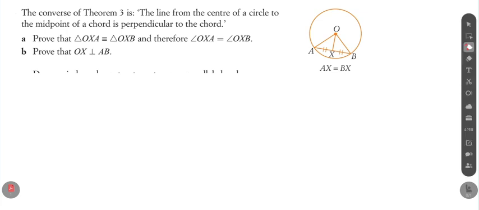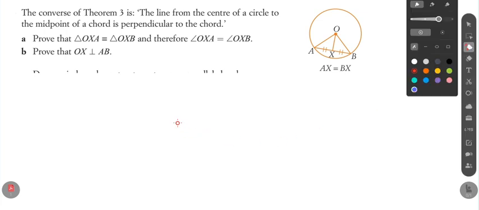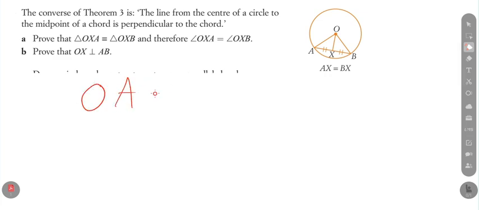To prove these two triangles are congruent, we're going to use the side congruence criterion by identifying three pairs of equal sides. Let's start with the first one. We have OA equals OB.